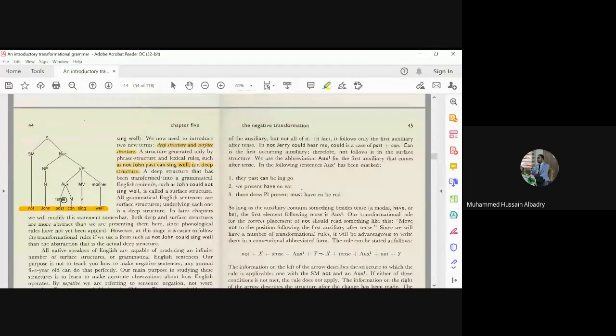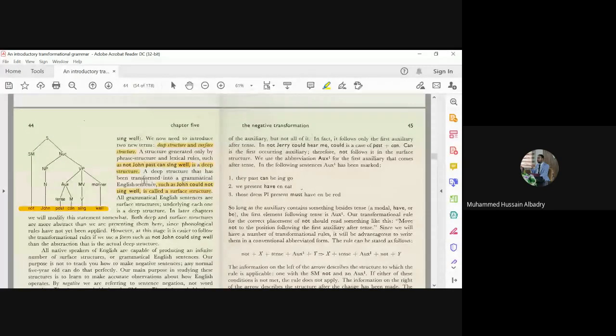جاي نعيد نفس الفكرة. A deep structure that has been transformed into grammatical English sentence، حولناها إلى grammatical structure اللي هو John could not sing well، راح يصير يسموها surface structure. يعني deep structure transformed، هذا يسموه the negative transformation. هو change، يعني حول الديب الى surface حتى تصير grammatical.